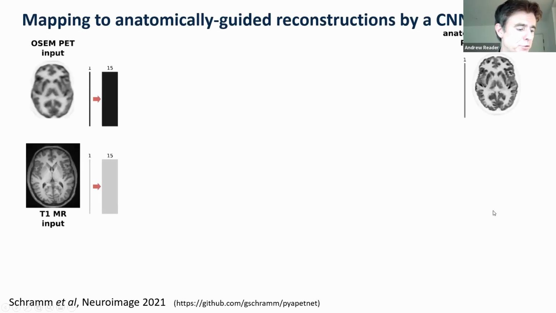Okay, now getting on to the final few slides to introduce the network that you'll be working with, Gail. This is his very nice paper published earlier this year in Neuroimage, where the idea of mapping inputs to outputs is that the goal is not just, for example, to go to higher count images, but actually to rapidly predict what a MapEM reconstruction would look like.